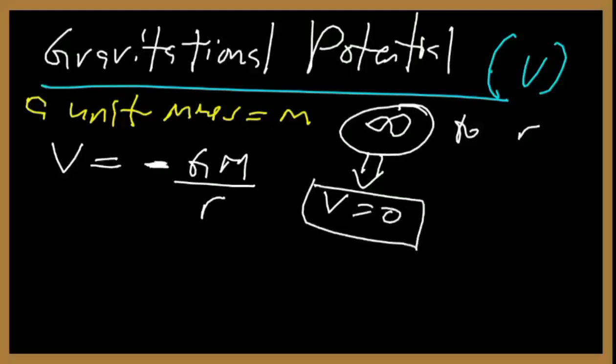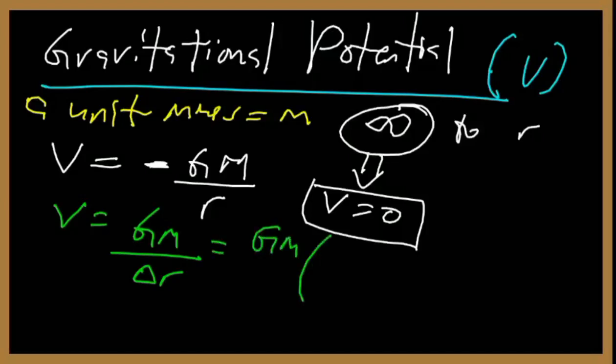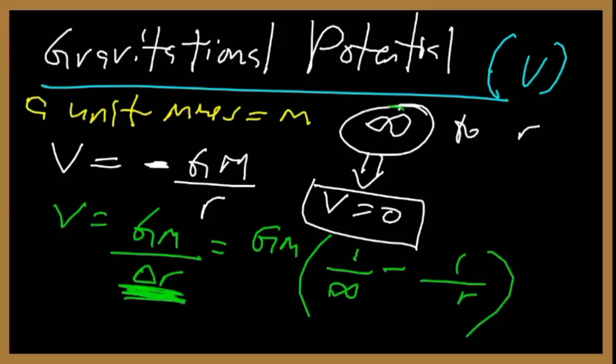Let me show that mathematically. If I have V equals GM all over the change in r, the change in r will be the r at infinity minus the r at the point. You know that I'm having two distances, from infinity to a point. You know that 1 divided by infinity will give me 0.